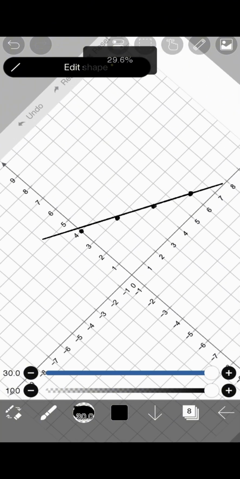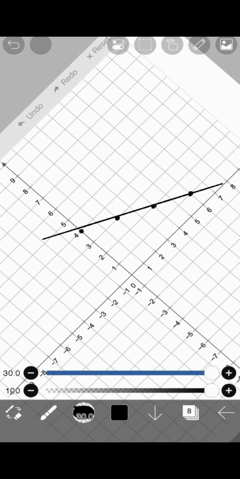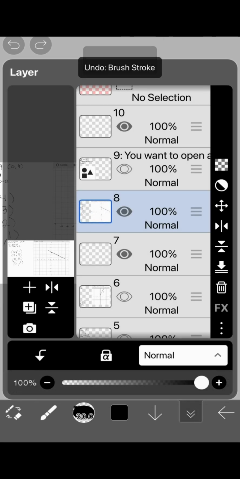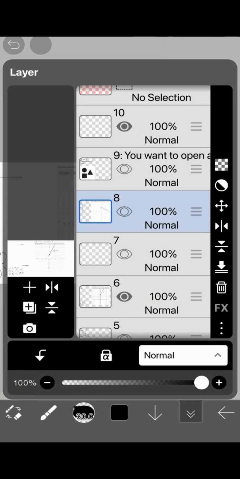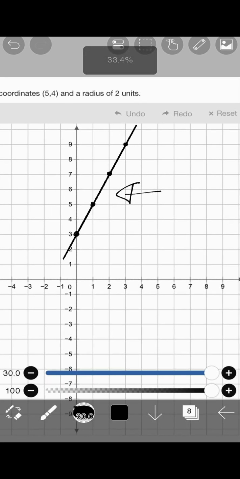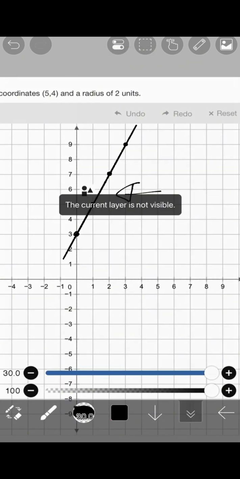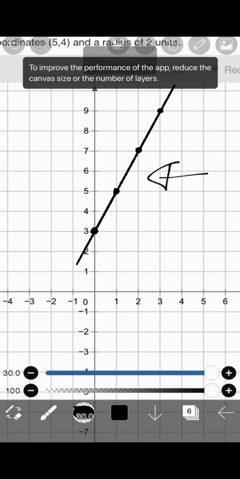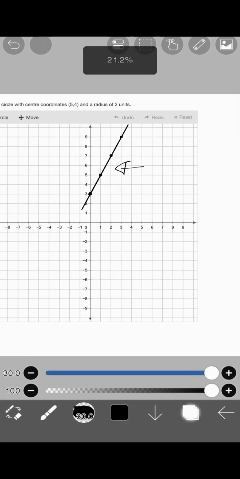So notice how a negative slope goes down, but a positive slope goes up.